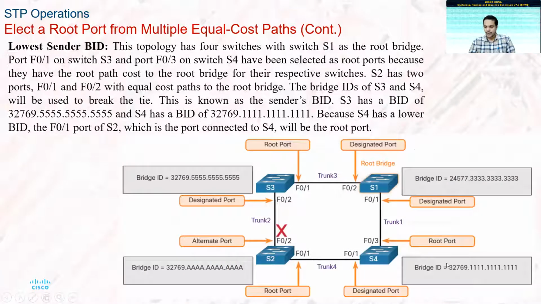Now, when you consider these 2 bridge IDs, S2 will identify that S4's bridge ID is less than that of S3. So, based on the sender's BID, it will designate F0/1 as the root port and F0/2 as the alternate port, because F0/2 deals with S3 and F0/1 deals with S4. In this way, the tie can be broken and a particular switch can select one port as a root port if there are equal costs to the root bridge.